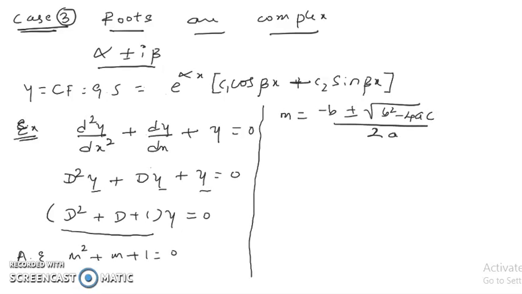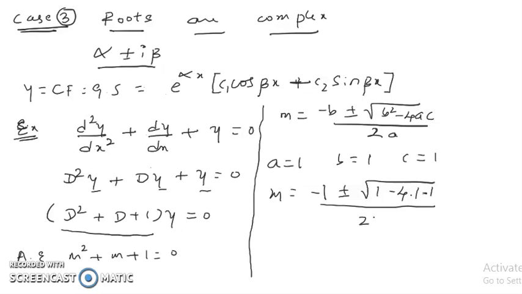Here if I compare, a is the coefficient of m square, which is 1, the coefficient of m is 1, and the constant term is 1. If I substitute, m is equal to minus 1 plus or minus square root of b square, that is 1 square, which is 1, minus 4 times a which is 1 times c which is 1, divided by 2 into 1.